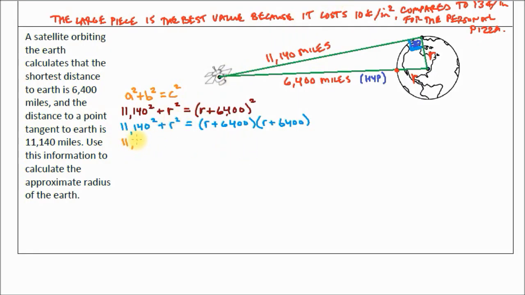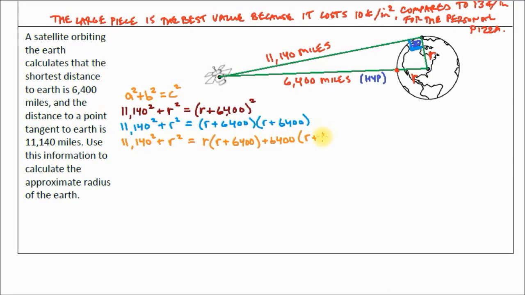This is just 11,140 squared plus r squared equals, let's do our distribution. If you remember how we did this when we were dealing with quadratic equations, we take the r and that combines with the second binomial, and then we take the plus 6,400 and that combines with the second binomial.